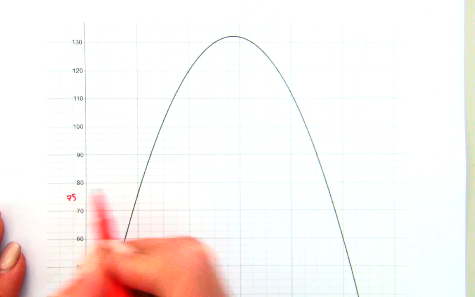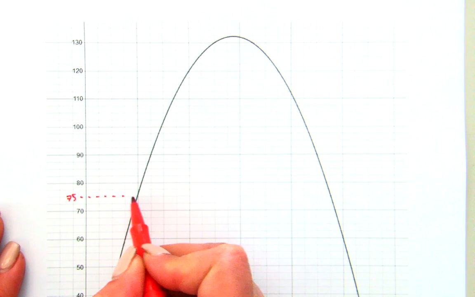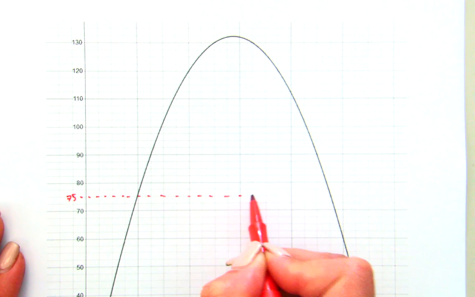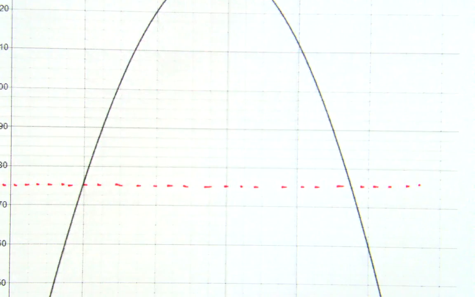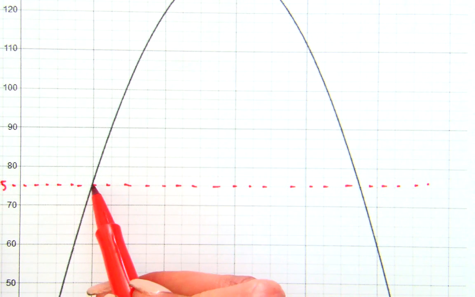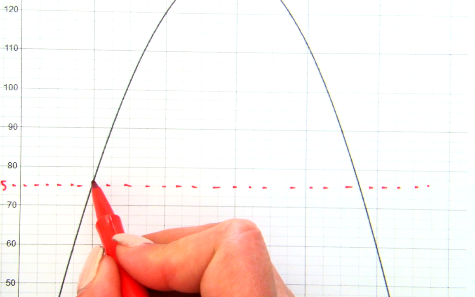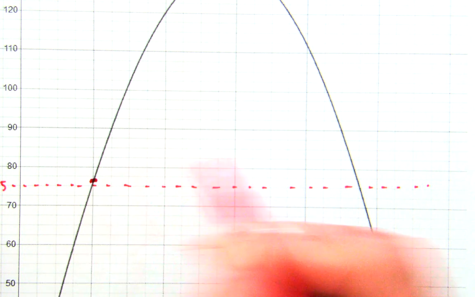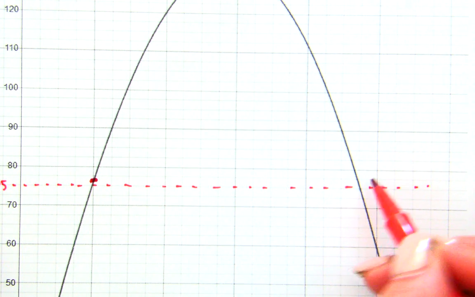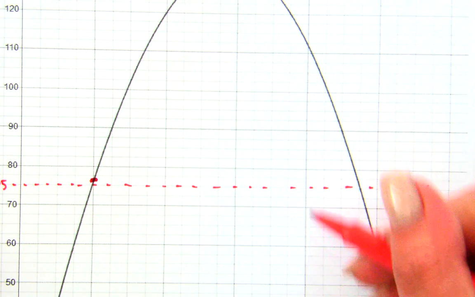So at 75, between 75 and 77, this is 1 second. So somewhere between 1 second and, no, it's probably 1 second. So between 1 second and, that's 5, 4.